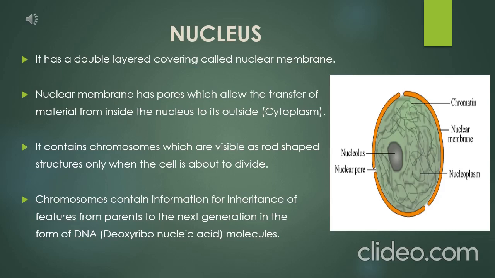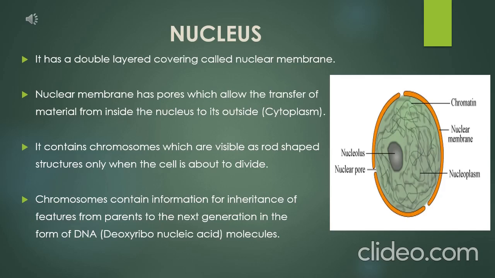Then it contains chromosomes. See these thread-like structures which are visible, and they become rod shaped structures only when the cell is about to divide. When the cell goes through division, then these thread-like structures become rod shaped. Chromosomes contain information for inheritance of features from parents to the next generation in the form of DNA, that is deoxyribonucleic acid molecules.